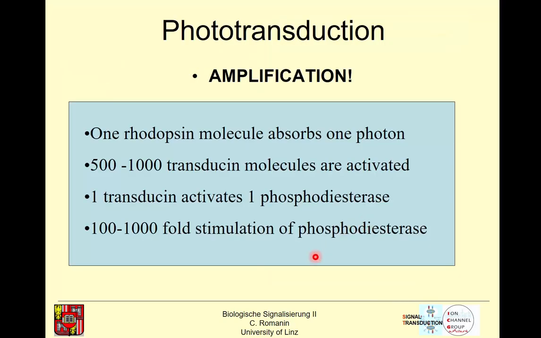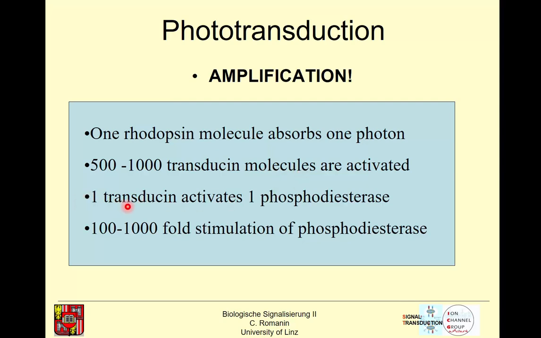So with this phototransduction process, there's also really a very impressive amplification going on. We have heard of this high signal to noise ratio, particularly as the noise is very low, but where does the signal come from? One rhodopsin molecule absorbs one photon, so it's very high sensitivity. In the interaction, as long as the rhodopsin is activated, it can activate 500 to 1000 transducin molecules.